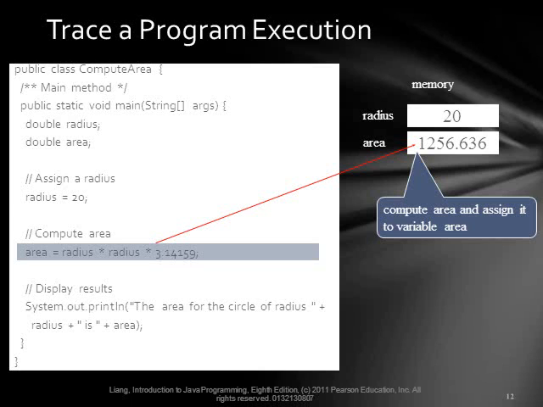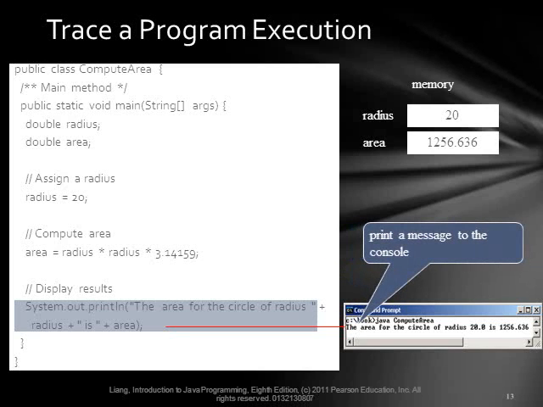So in memory now, both our variables have a value. Radius is 20, and area is 1256.36. Well, the last step of our algorithm was to display the value of area to the user.